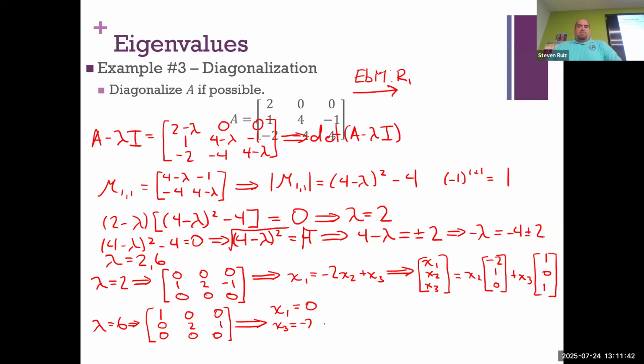So x3 equals negative 2x2. How many parameters does that imply that we need? I just see x2 on the right-hand side of the equal sign. So what does that say about diagonalizability? Can we definitely do it, or do we still have to look for clues?